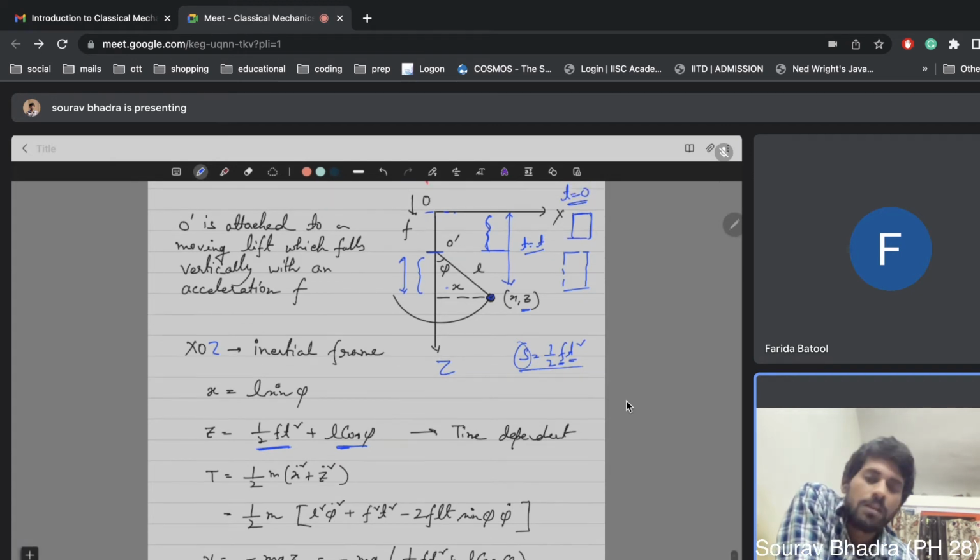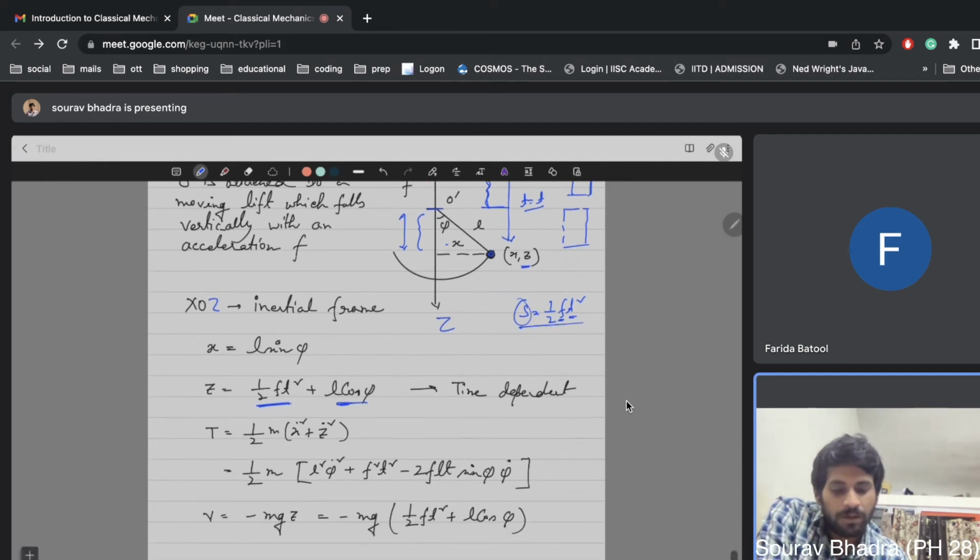If there was no lift and the pendulum was in a static system which is not moving, then this half f t square part would not be there. This is the main modification of this problem compared with the ordinary pendulum problem.